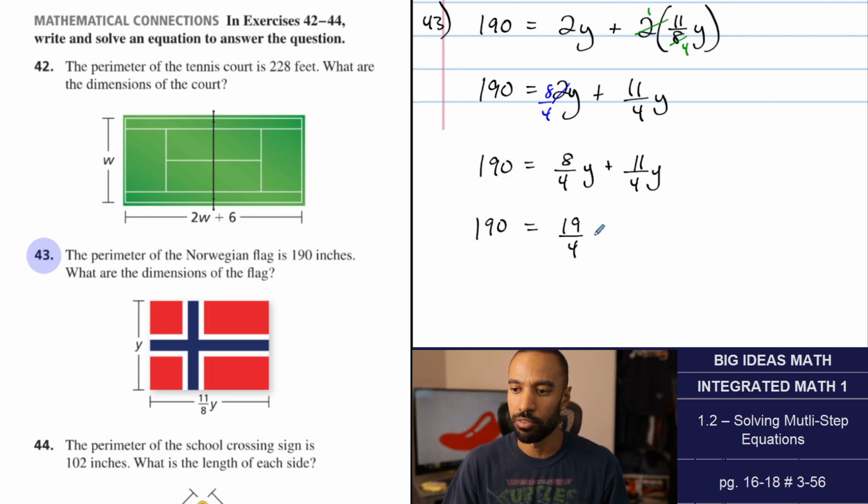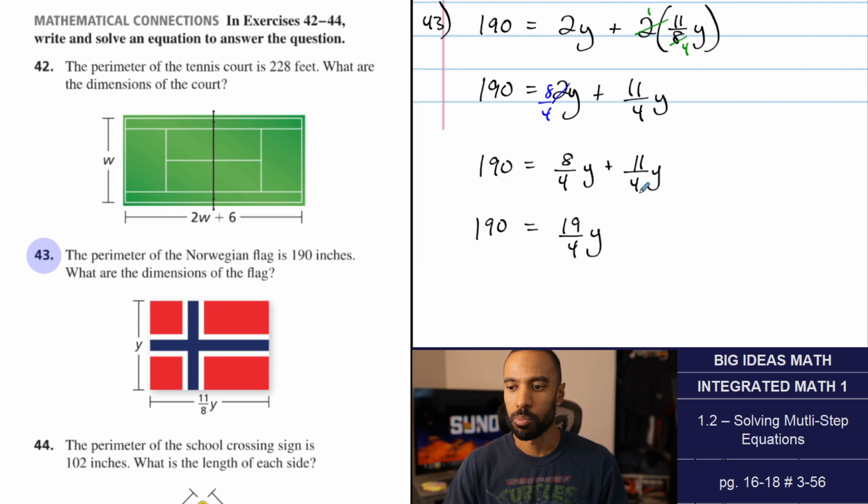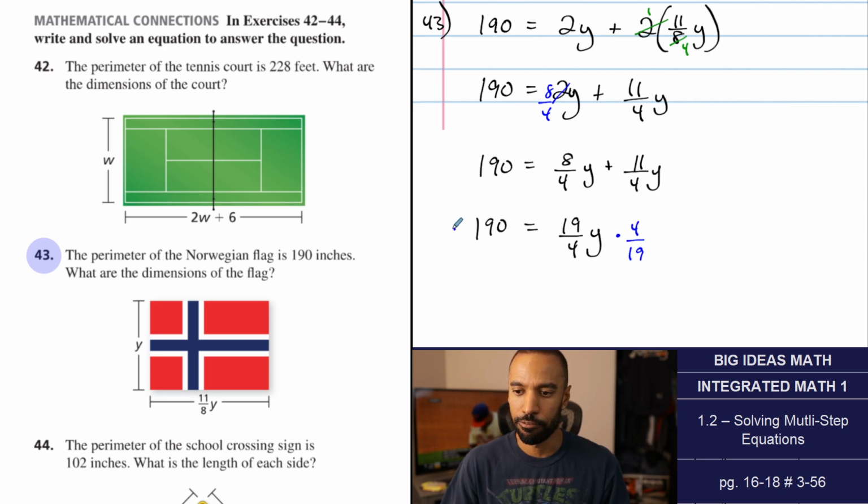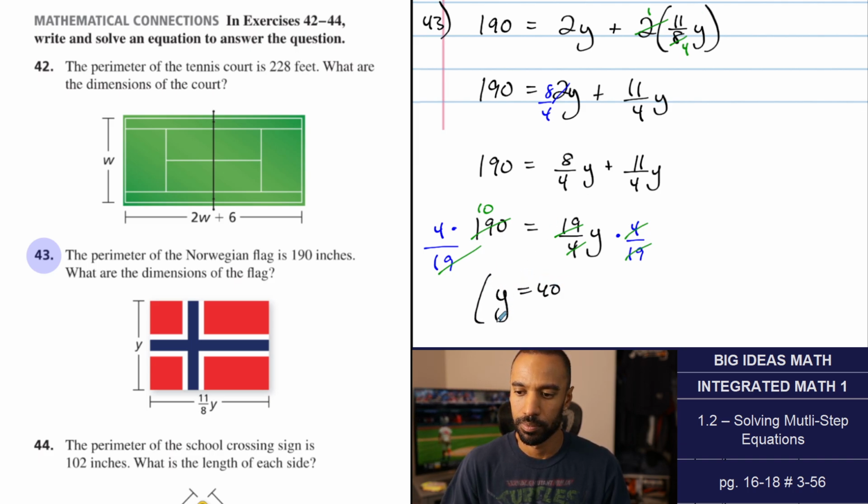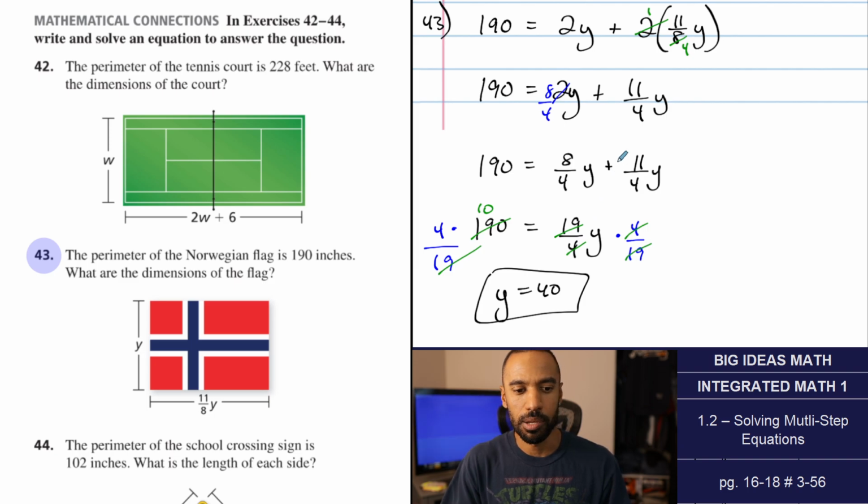Now, how do you solve in this scenario? You multiply by the reciprocal of the coefficient. You multiply by 4 over 19 and 4 over 19. Now, this is pretty good numberage because 190 divided by 19 is 10, and 10 times 4 is 40. Therefore, y equals 40. It says, what are the dimensions of the flag?